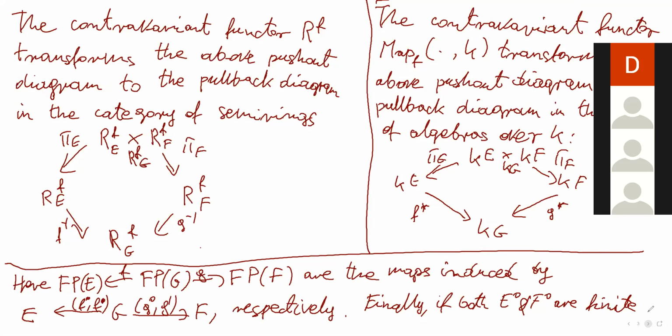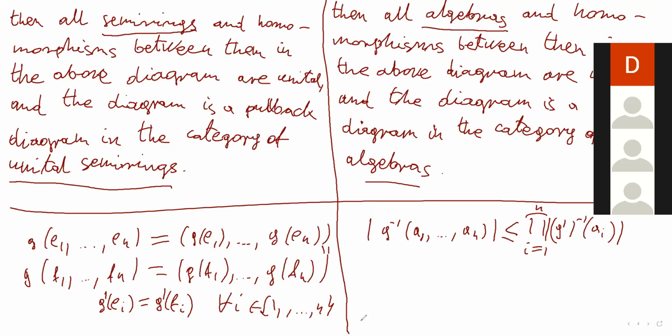So this part is proven. We really have these pullback diagrams in the right categories. But now I want to handle this additional situation. That's the part which we still have to prove. We have an additional assumption with E0 and F0 finite. And then we have a claim that everything becomes unital.